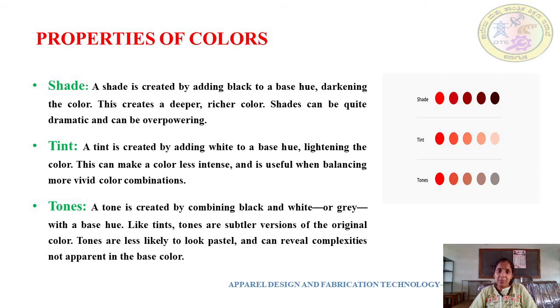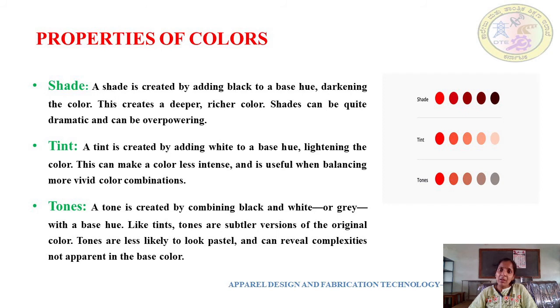So in the color wheel, if we choose any color to create some shades, we should add black in a certain quantity to it. Then it gives the shade of that particular hue.